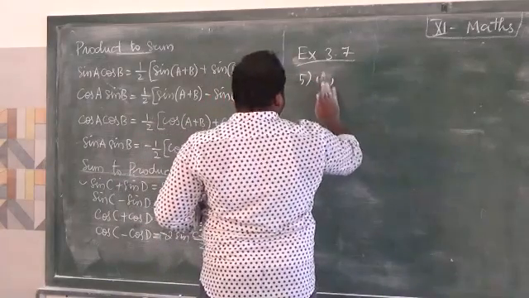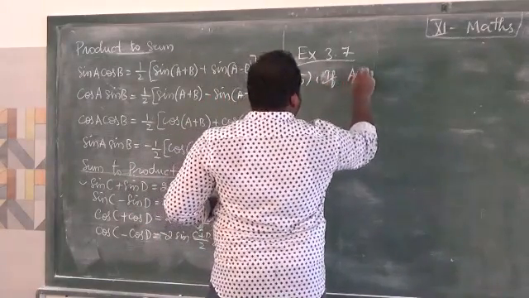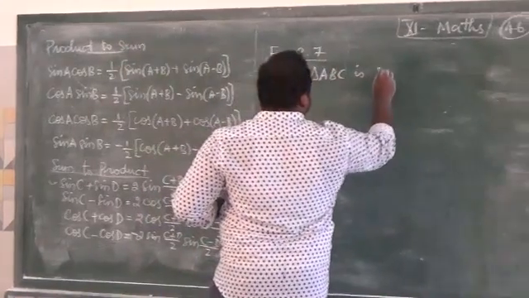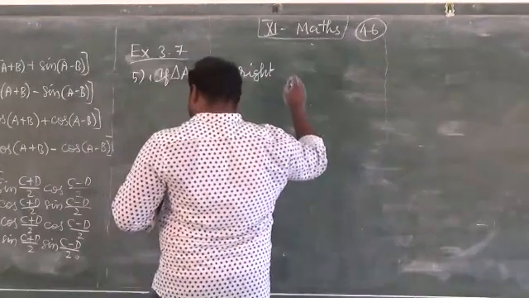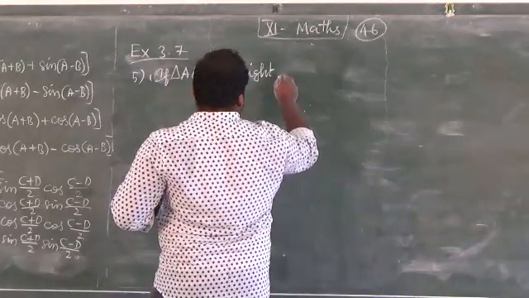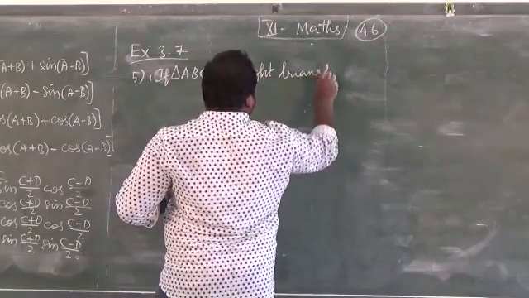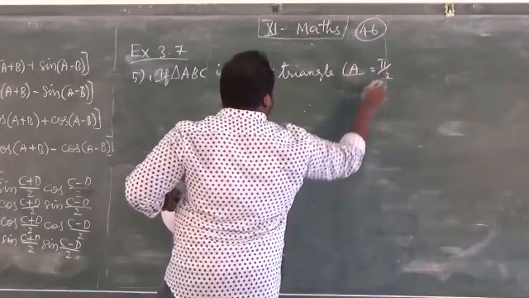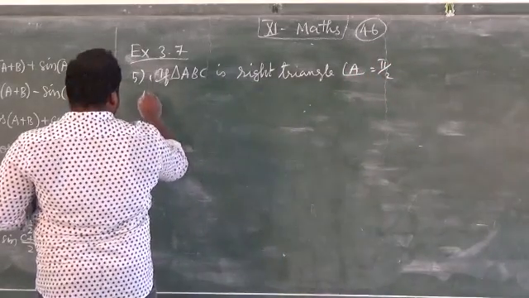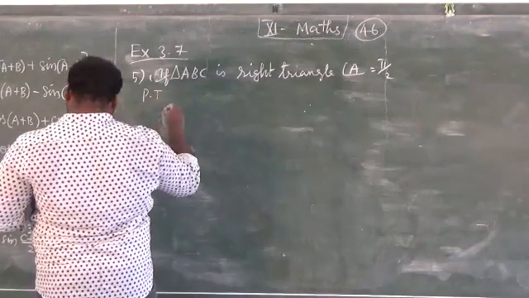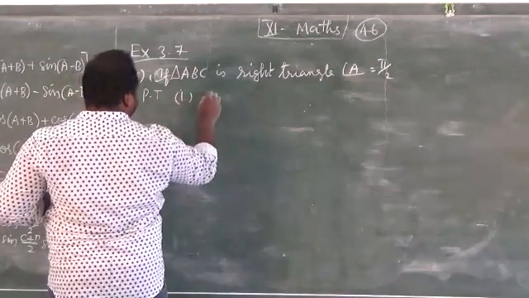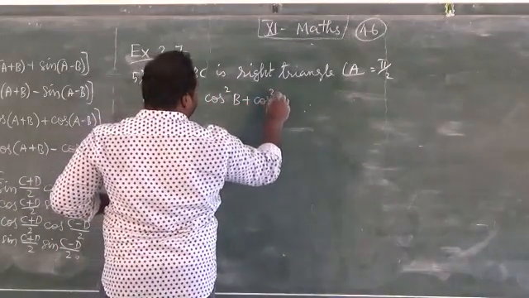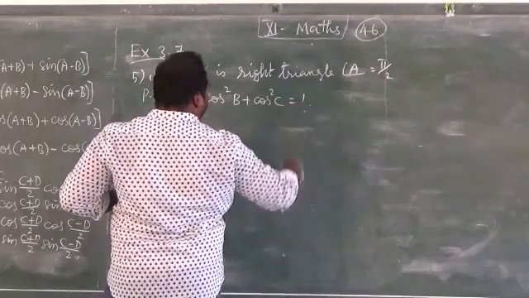Before that, the condition is given: if triangle ABC is a right triangle, angle A is given, this is 90 degree, prove that cos square B plus cos square C equal to 1.